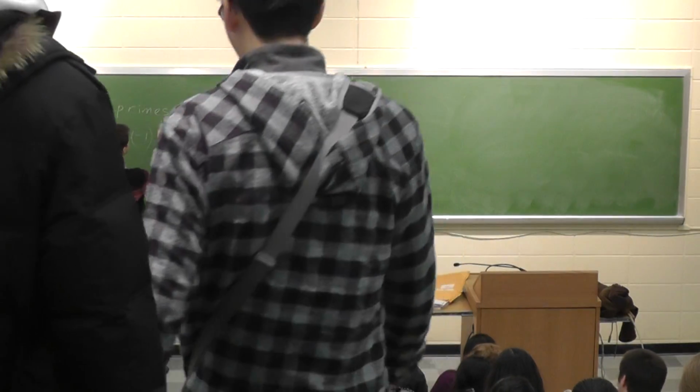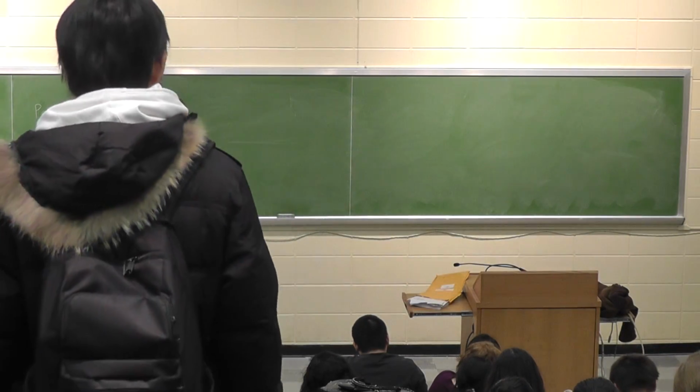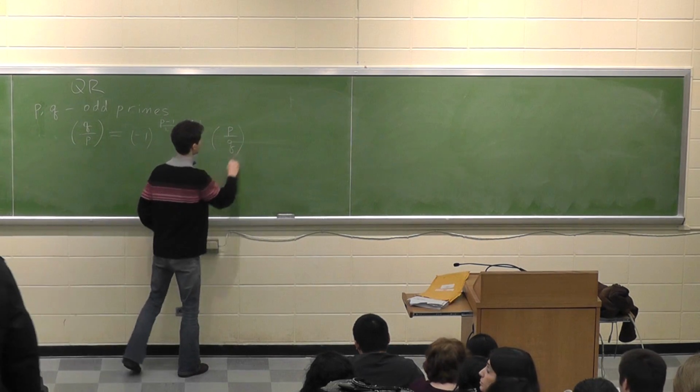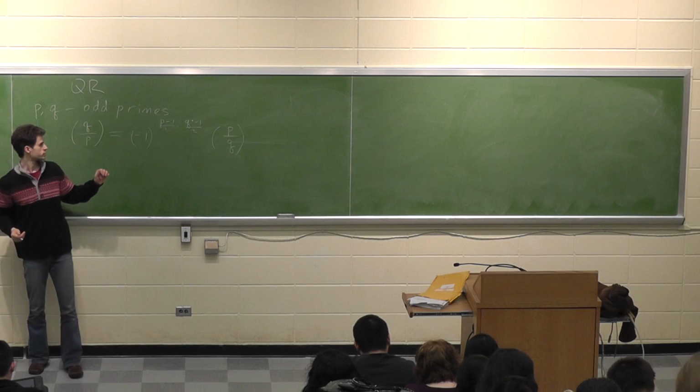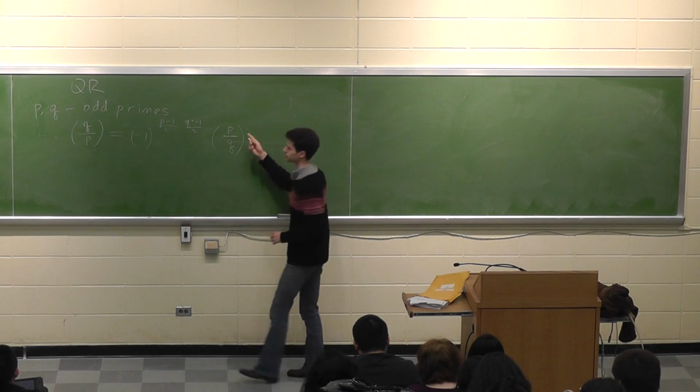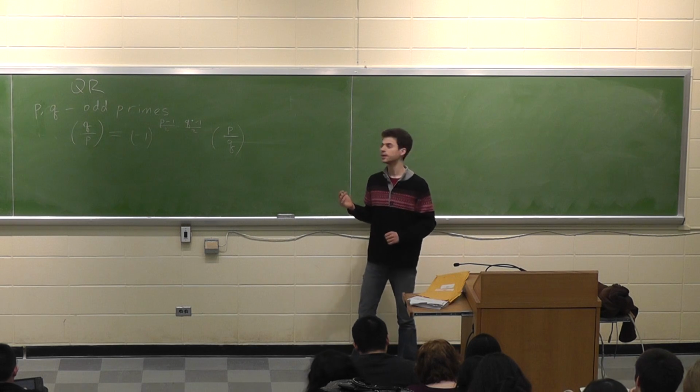If you want to understand whether it's a quadratic residue, you can do it as follows. You compute (-1) to the power (p-1)/2 times (q-1)/2 times the Legendre symbol of (p over q). So this thing tells you whether p is a quadratic residue modulo q.